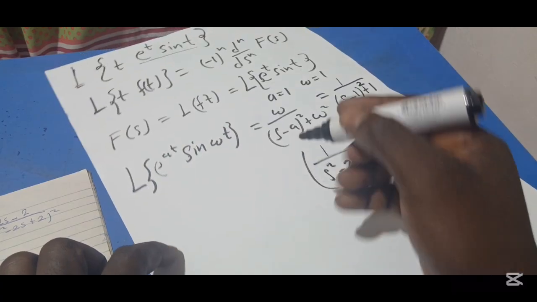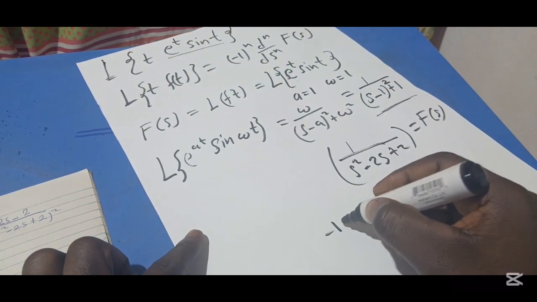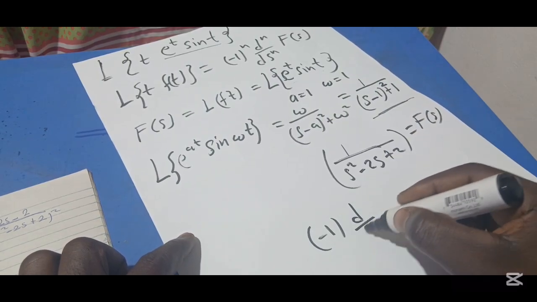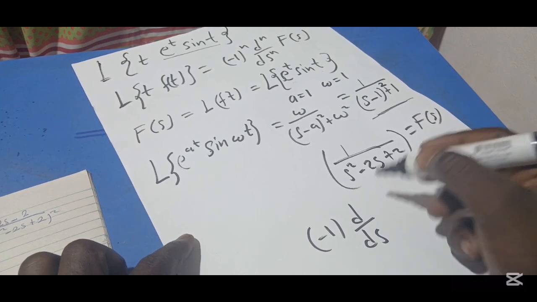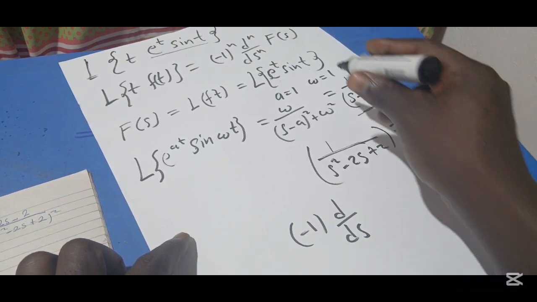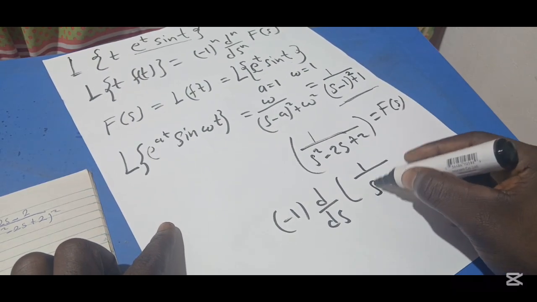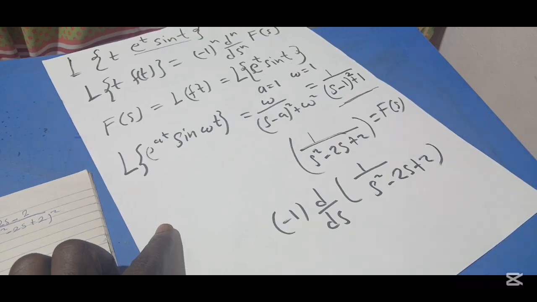Since our n is 1, we are going to get minus 1 d over ds. N is 1, then 1 here, 1 here, so just leave it at that. And our f of s is 1 over s squared minus 2s plus 2, right?